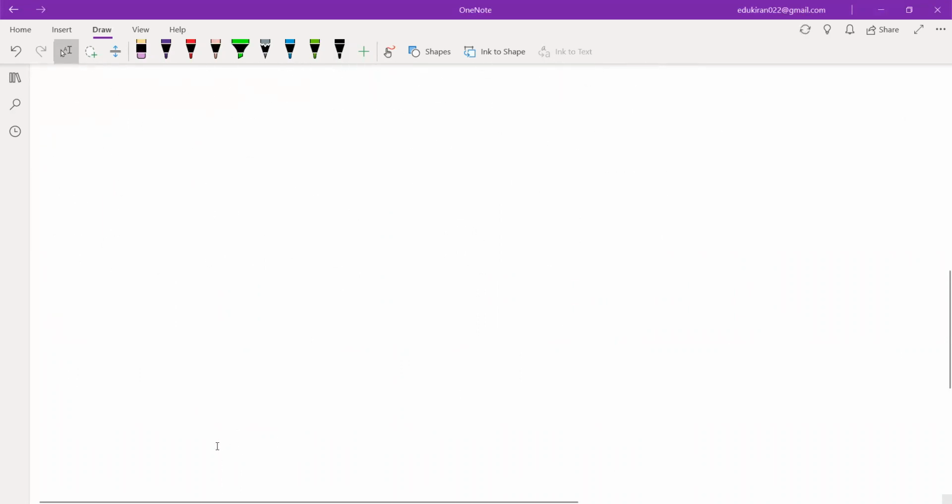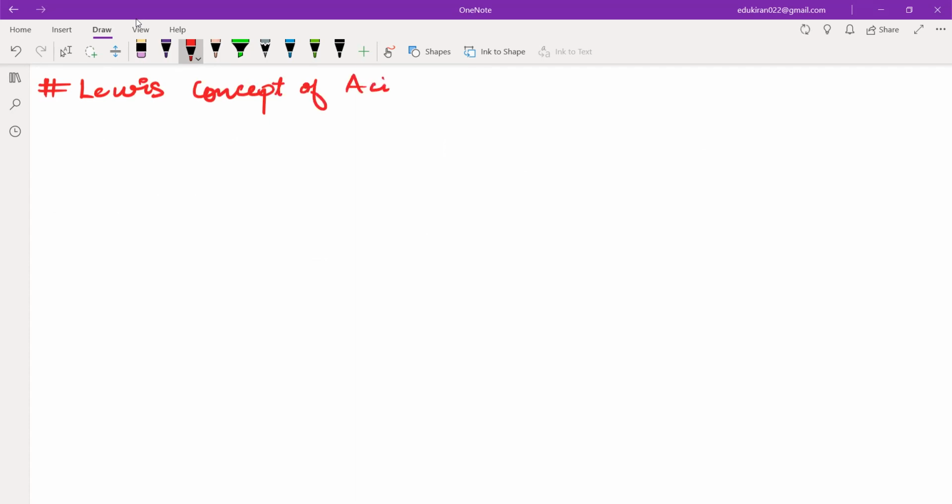Done. Okay. Right. Next, Lewis concept of acid base. So Lewis made things very simple.